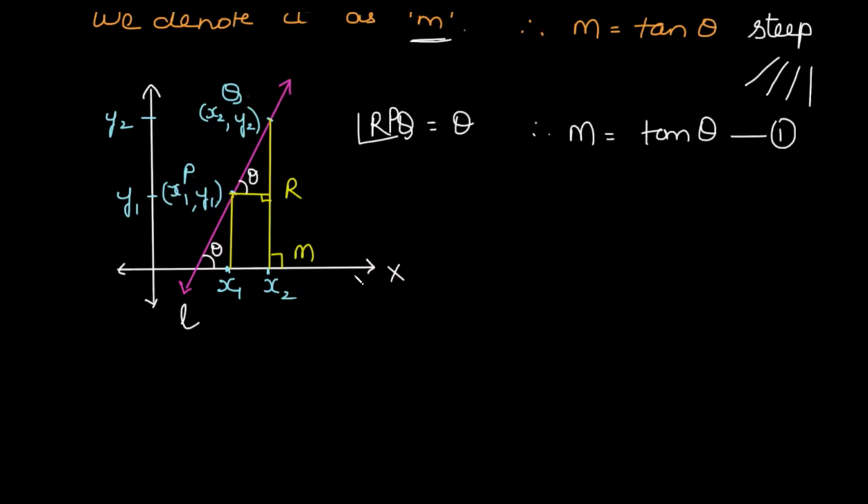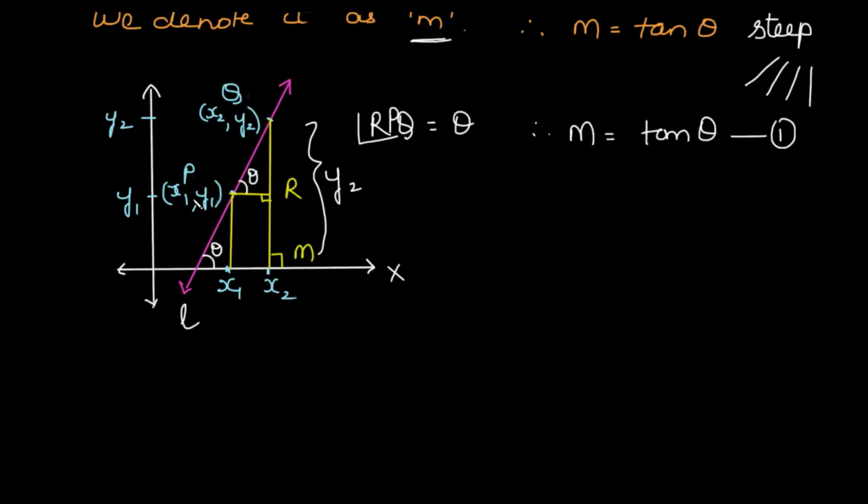Now also consider triangle PQR. Before that, let us see a few things. The y coordinate of point Q is y2, which means the length QM is y2.